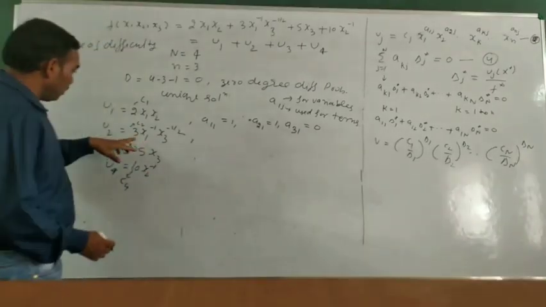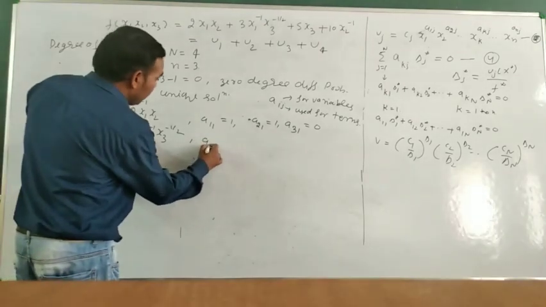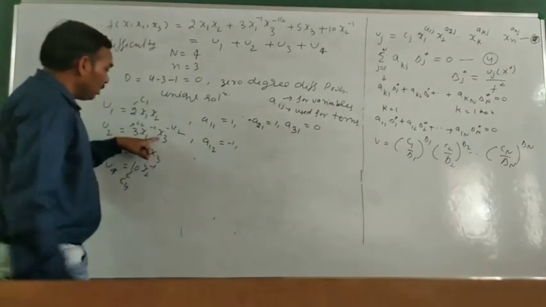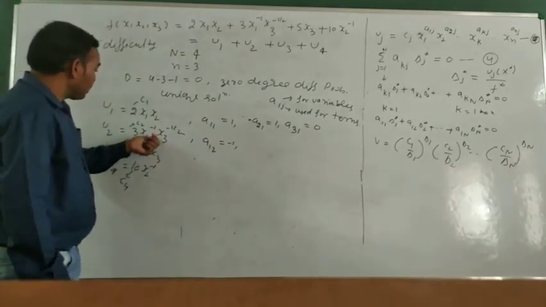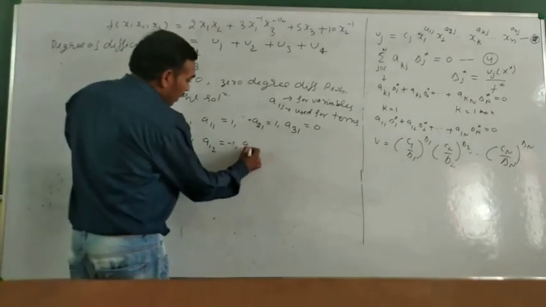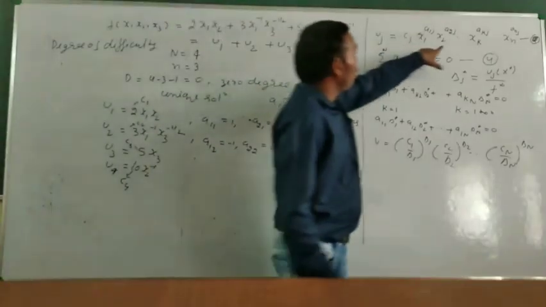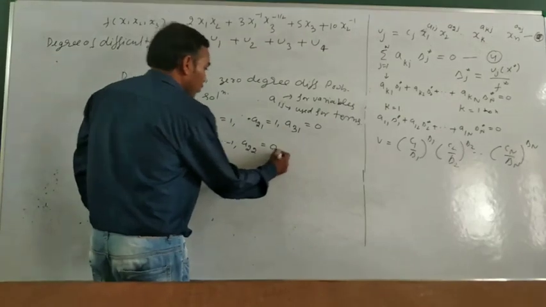What is the power of x1? a12 equal to minus 1, and there is no power of x2, so a22 equal to 0.